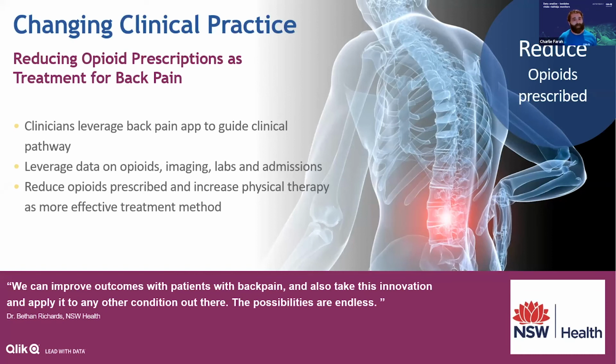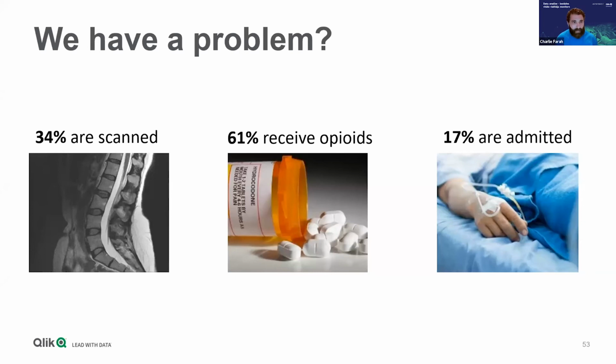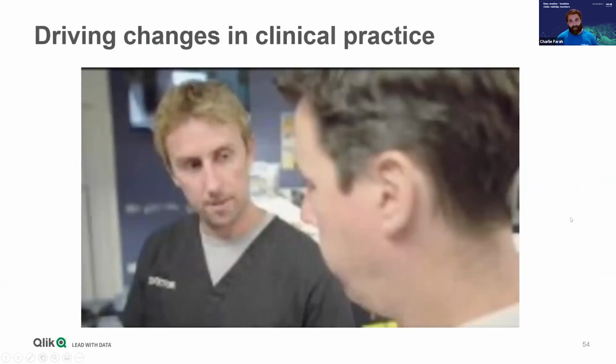So you could use better medications, ibuprofen and other anti-inflammatory drugs, and then rather than doing imaging or pathology or even admitting these patients, having different treatment protocols like physiotherapy and other stretching exercises to reduce that amount. So they had a problem. There were 50,000 patients a year that would come in, 34% scanned, 61% received opioids, 70% administered, a lot of wastage in the system. So we had to figure out a way to improve that.